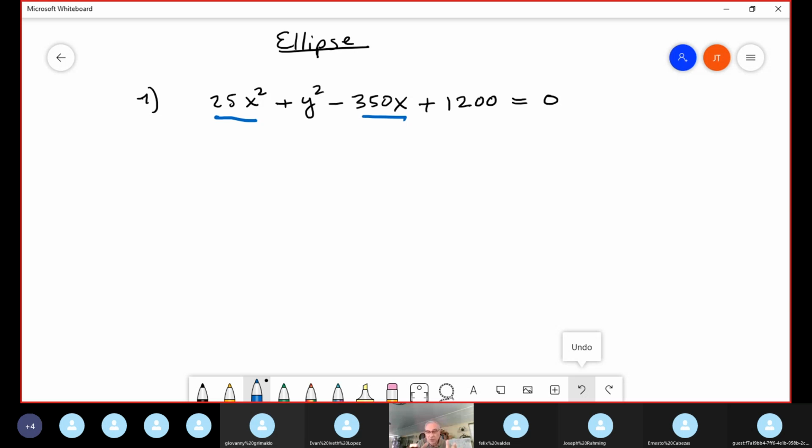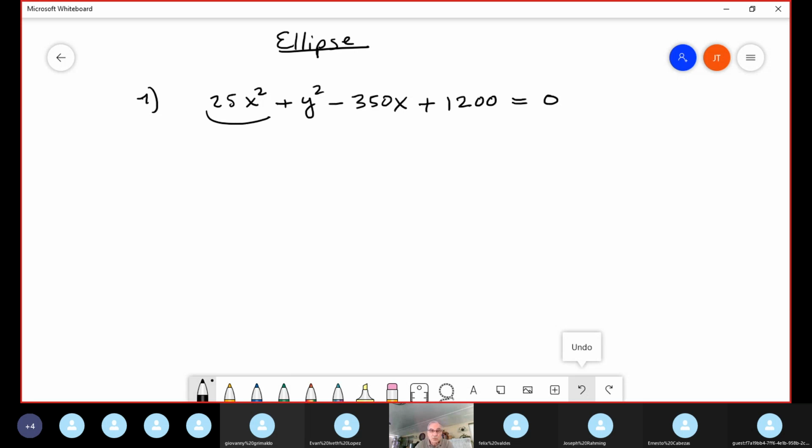We have a horizontal shift in that case because it's x. But we have no y linear, that means that we have no vertical shift, only horizontal. So our ellipse is moving only parallel to the x-axis.